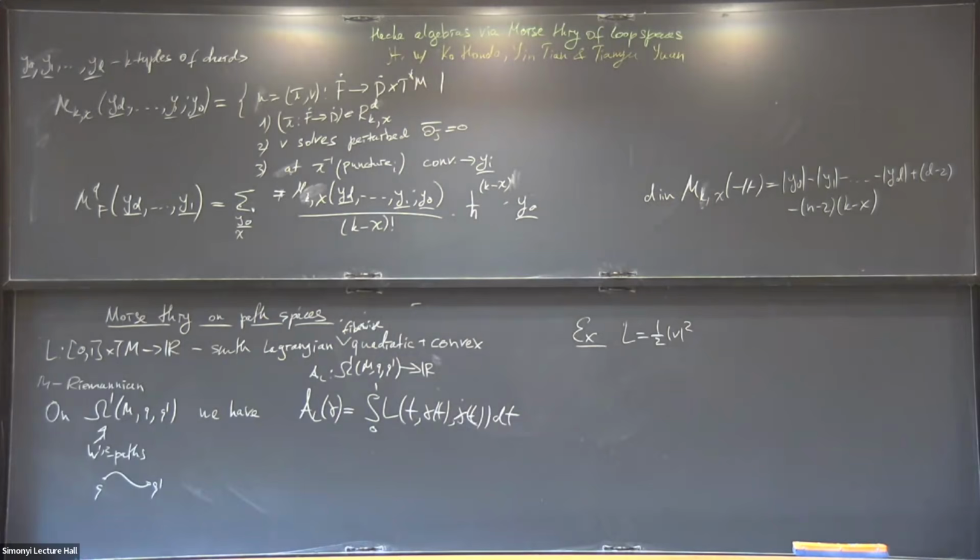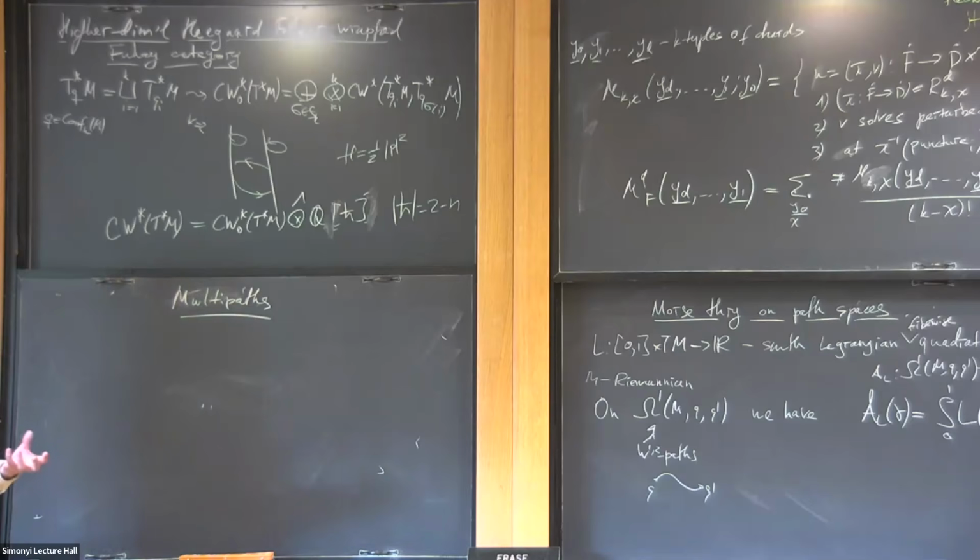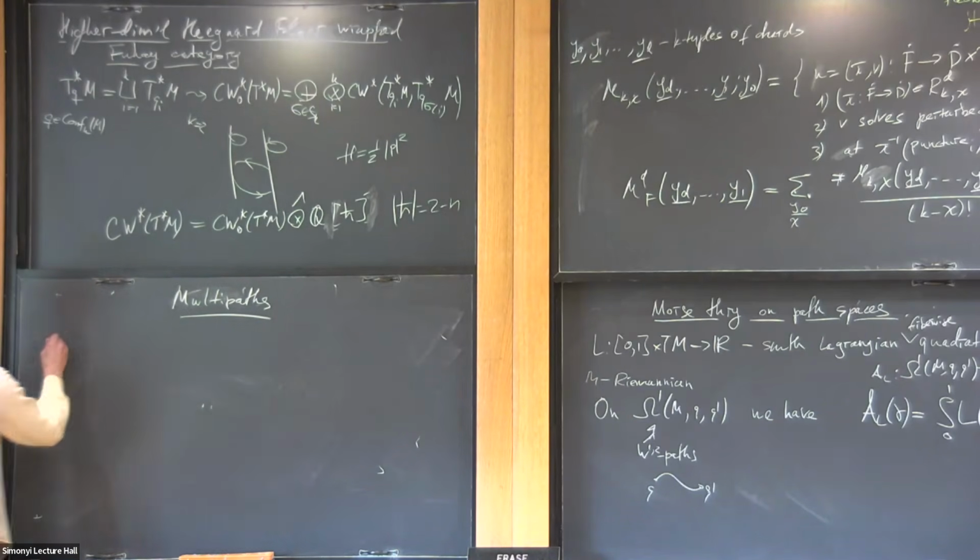Okay, so now, as in this picture, on the zero section, we just consider spaces of paths from these k points back to the same k points, but maybe with a permutation along the way.